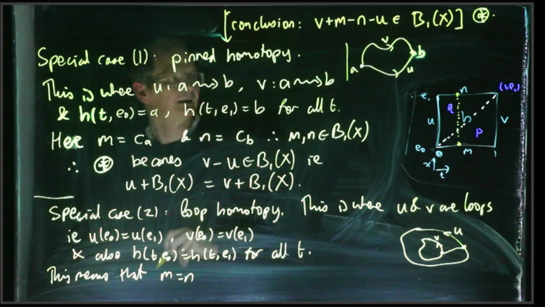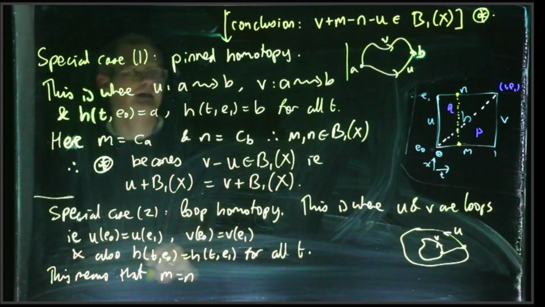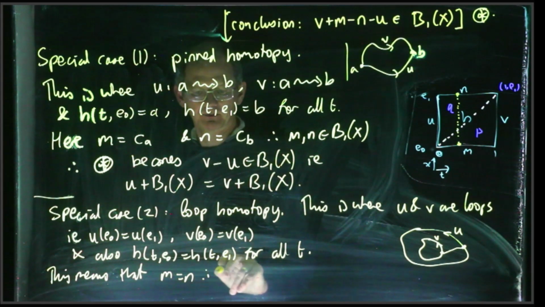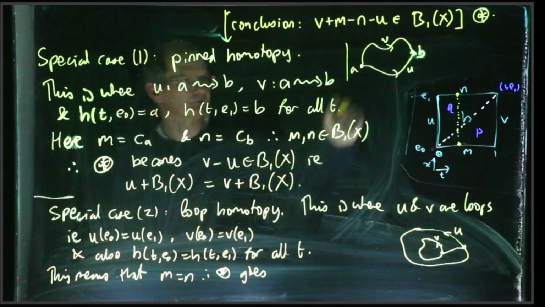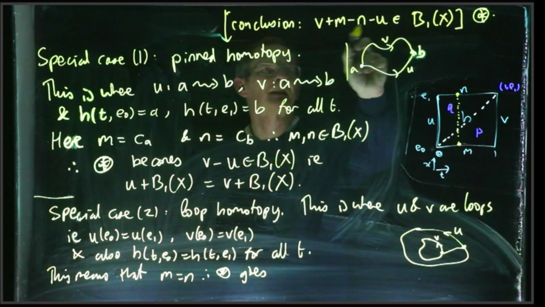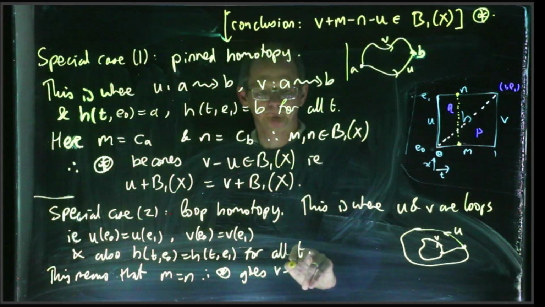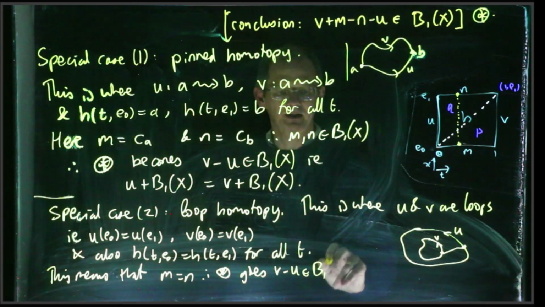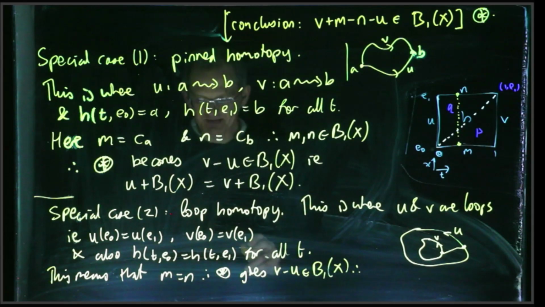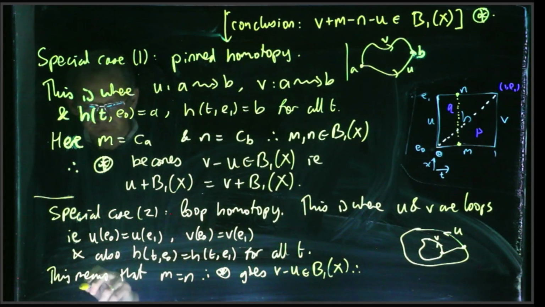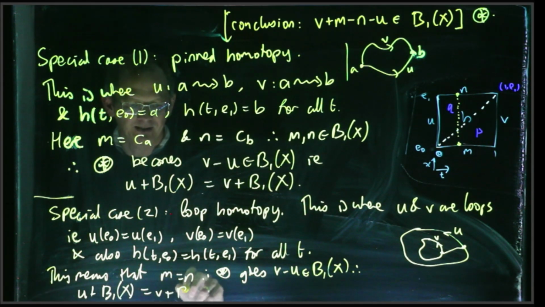Okay, so in this case M equals N. In that case, this relation star here, the M and the N are the same, gives V minus U, again in B1X. So in this case, U plus B1X is V plus B1X.